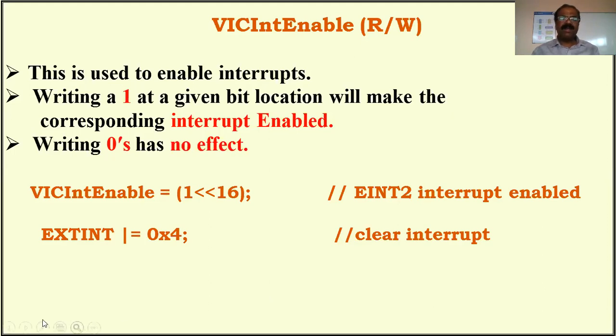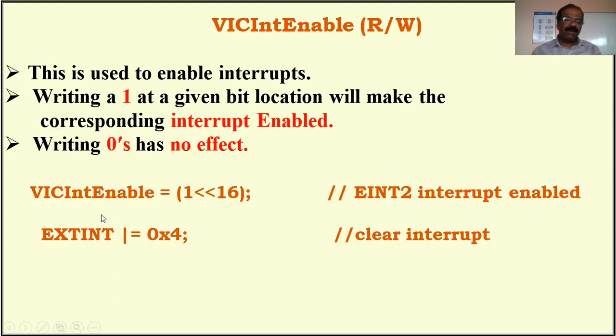In the same manner, here if you want to enable, write 1. If you want to disable, write 0 in some other register, which we have for that purpose. By writing 1 at bit number 16, it enables the interrupt system. The interrupt system is on.